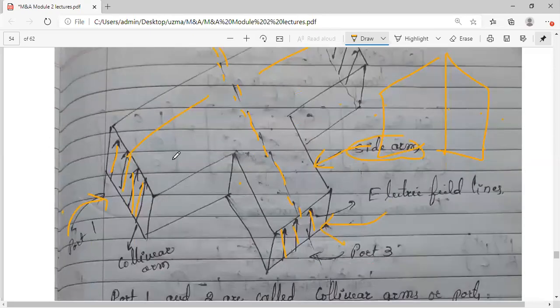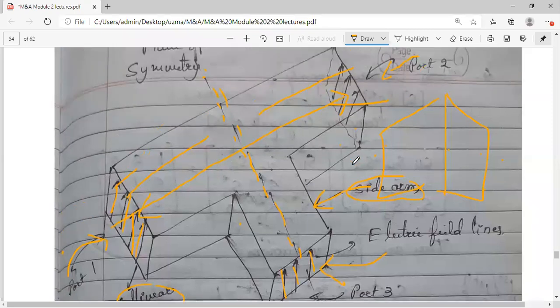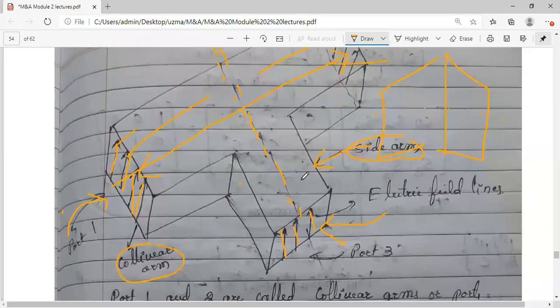And port 1 and 2, this long line waveguide which you are using, the main line, we call it collinear arm. Both port 1 and port 2 sides are linear, collinear. Main line, collinear arm. The additional attachment which you have inserted in that slot is a side arm. Hope you understood about this structure.